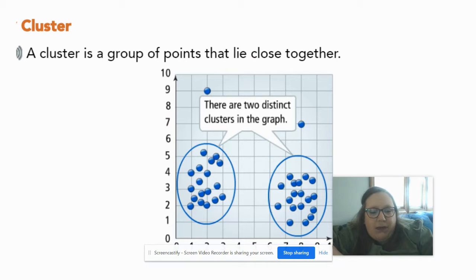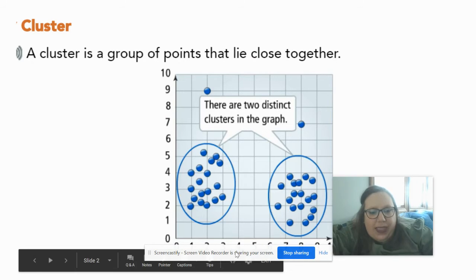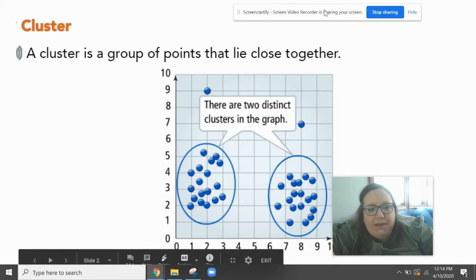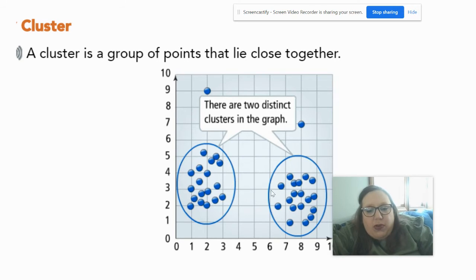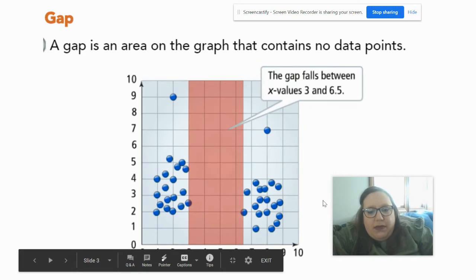Okay, so if you remember, a cluster is when there is a big group of points together. As you can see in the two circles here, those would be considered clusters because there's a lot of points together. And then we have gaps, which are where there are no data points or very little data points.